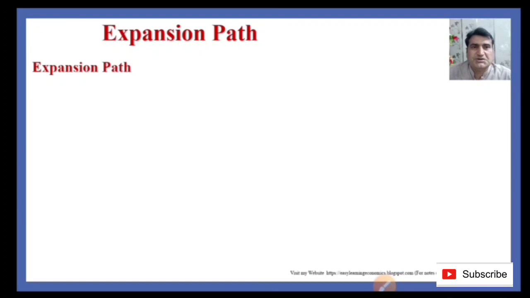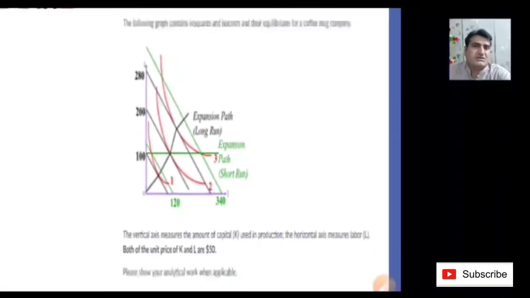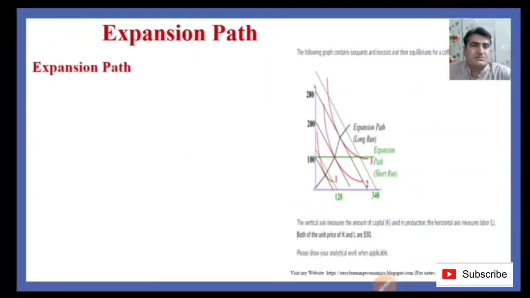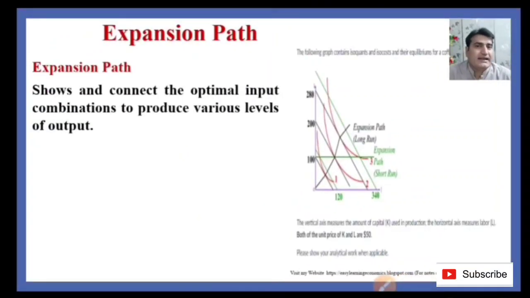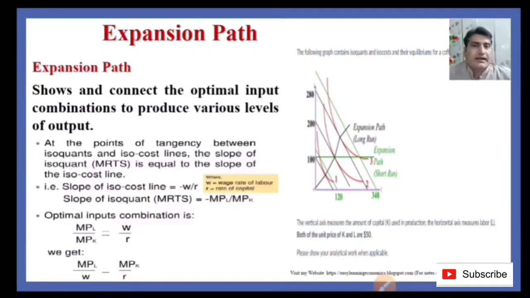So what is the expansion path and what does it show? This is the expansion path. This expansion path shows and connects the optimal input combinations to produce the various levels of output. At the points of tangency between the isoquant and the isocost line, that is called the least cost combination.